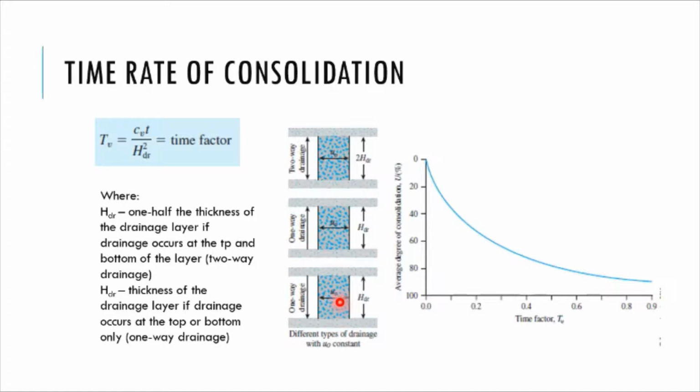Also, in this case, if this is the only permeable layer and the top layer of the soil or clay layer here is impermeable, this will just be one-way drainage. And if it's one-way drainage, you just consider the whole thickness of the clay layer.